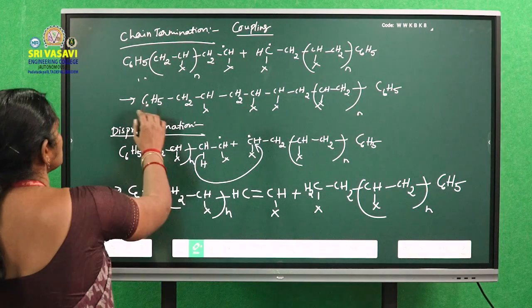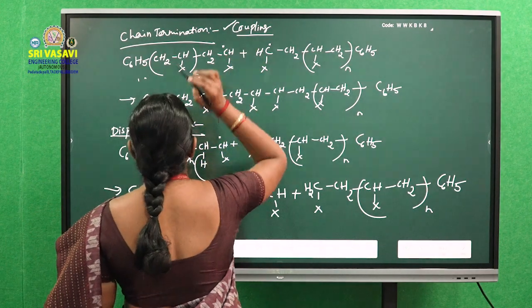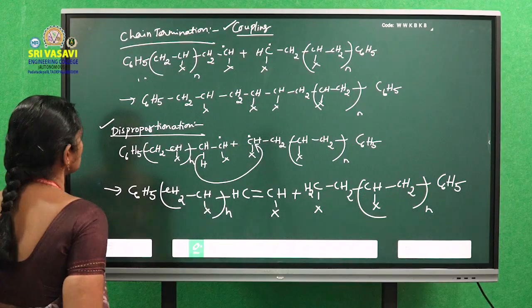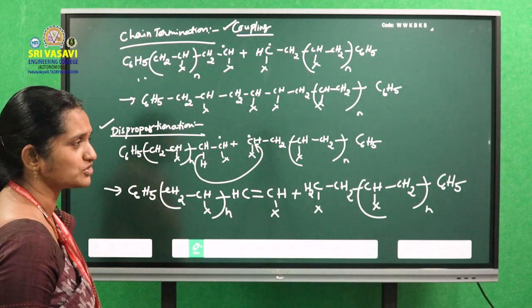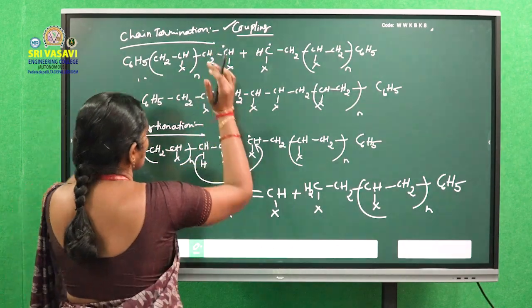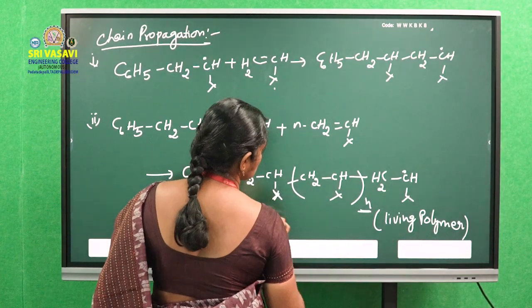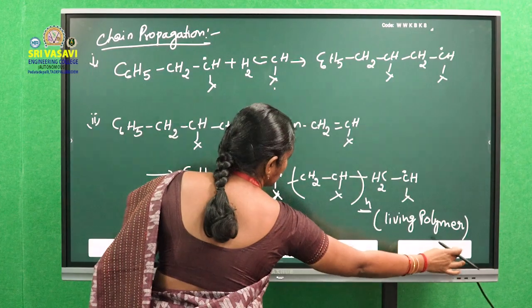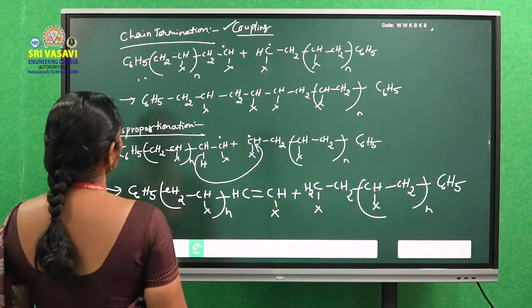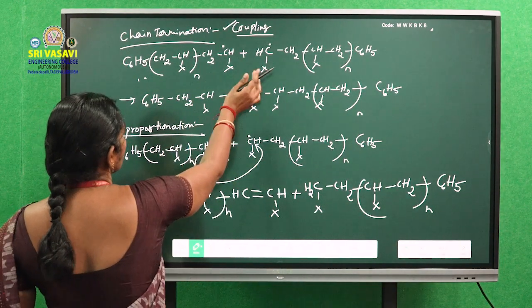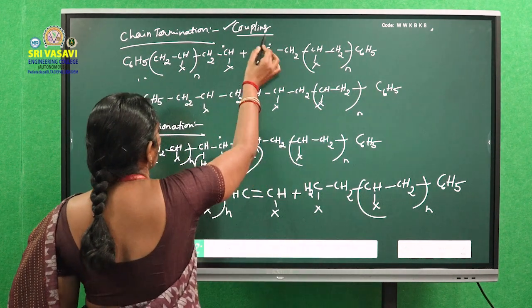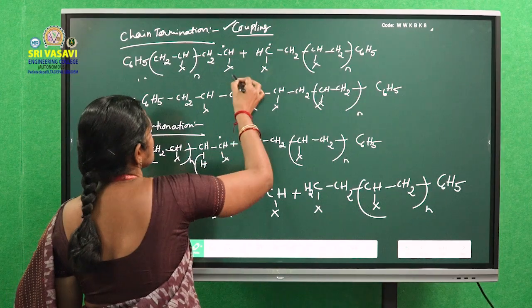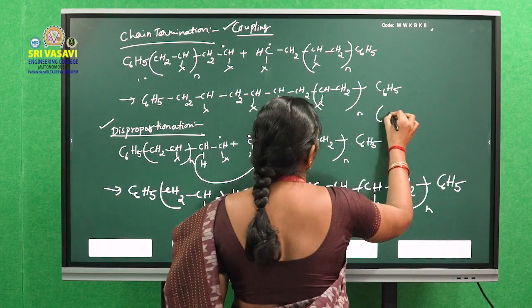Chain termination can be done by two methods. The first one is coupling and the second one is disproportionation. For coupling, I have taken the living polymer from the previous step. This living polymer is joined with another living polymer, and I have combined the ends of the living polymers, and thus I get the dead polymer.